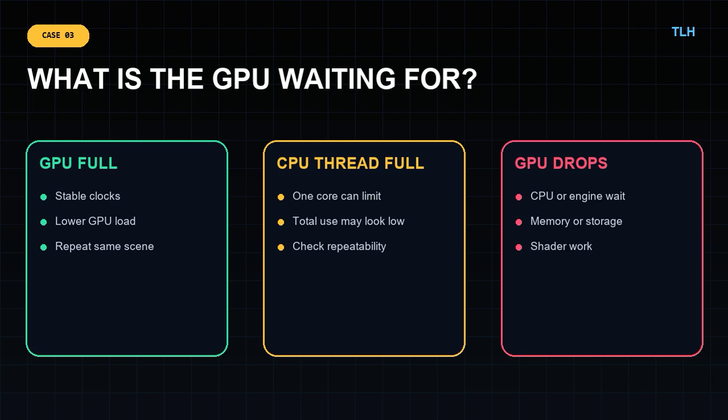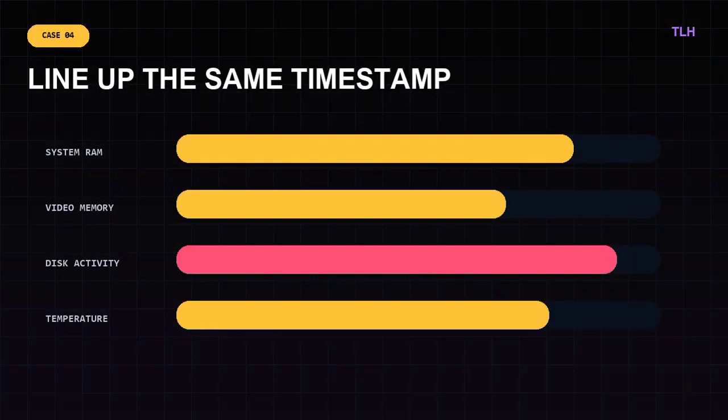Next, line up the spike with memory, storage, and temperature. If system memory is nearly full, Windows may need to move data between memory and storage. Close browsers, launchers, capture tools, and overlays, then repeat the test. If video memory pressure rises with the hitch, reduce texture or memory-heavy settings before assuming the whole GPU must be replaced.